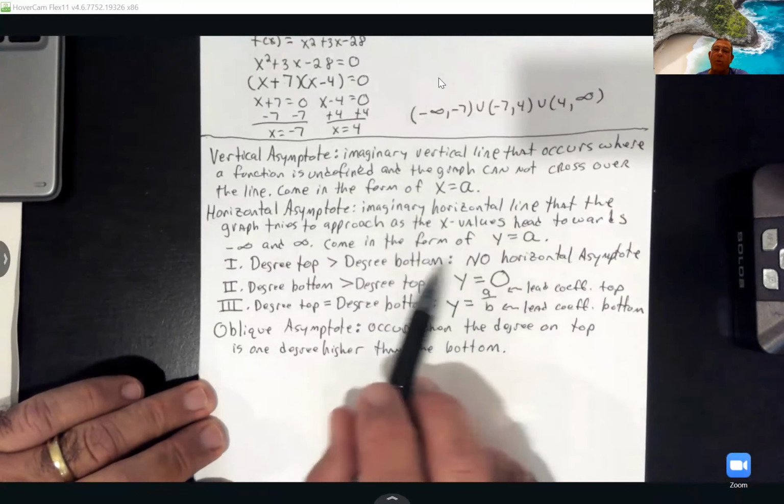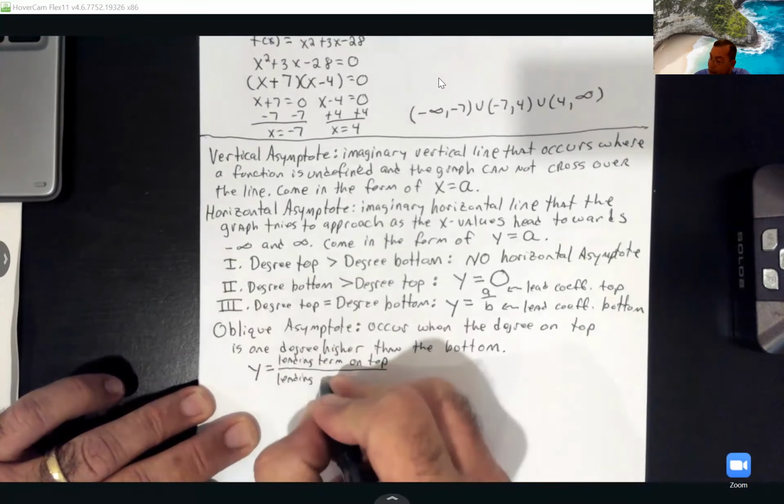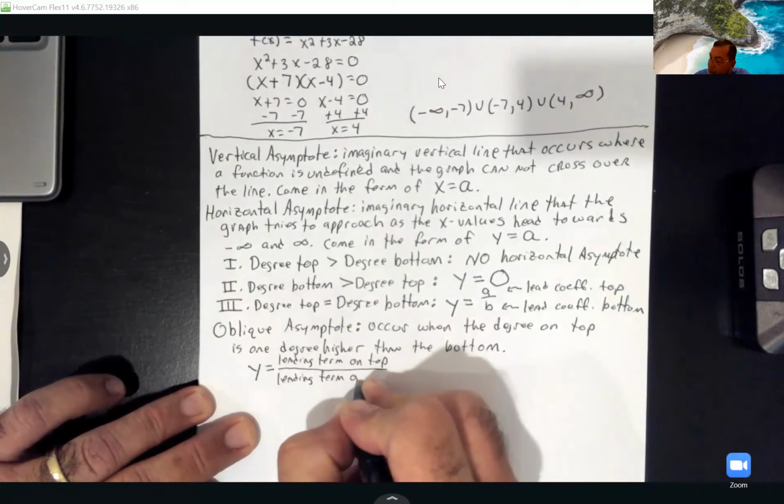Now, if we do have this happen, then it comes in the form of y equals the leading term on top divided by the leading term on bottom.